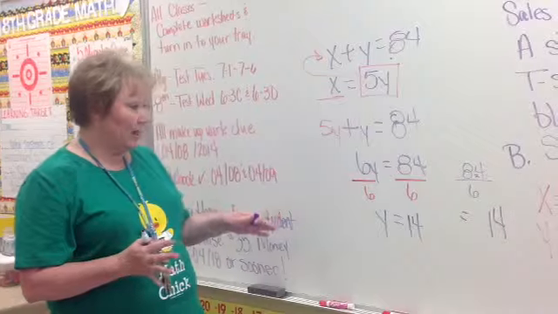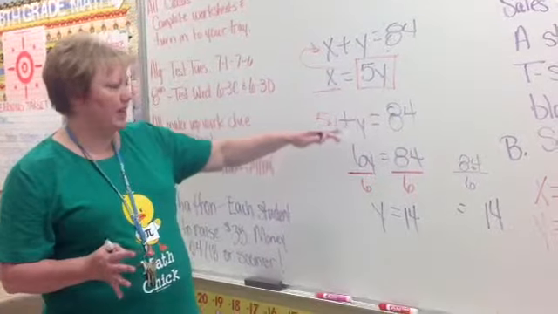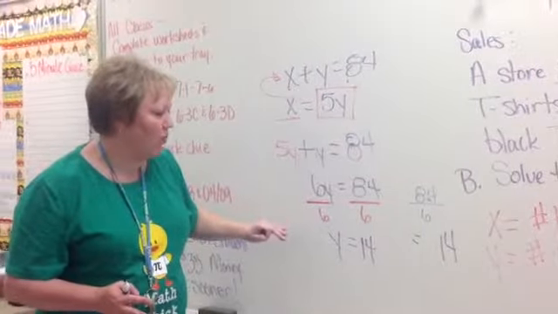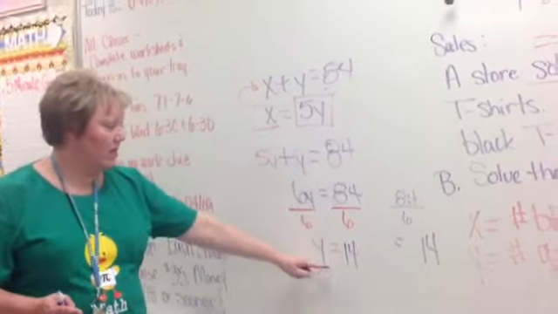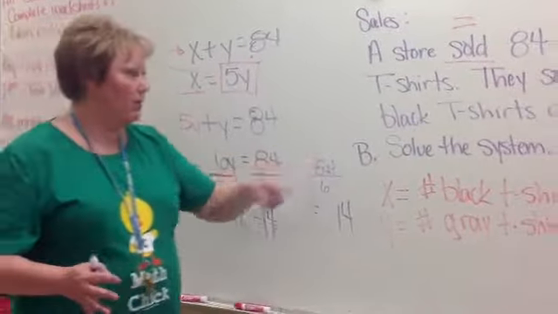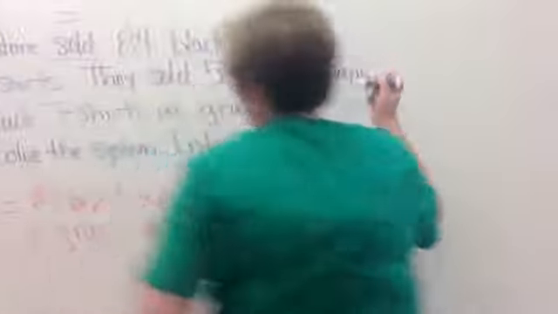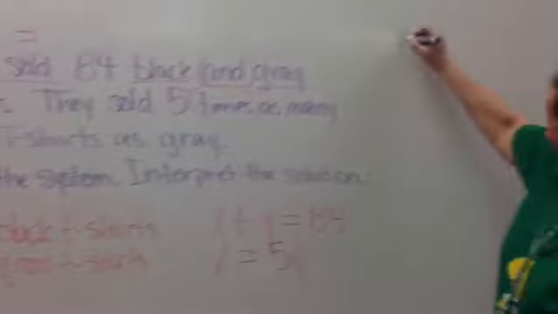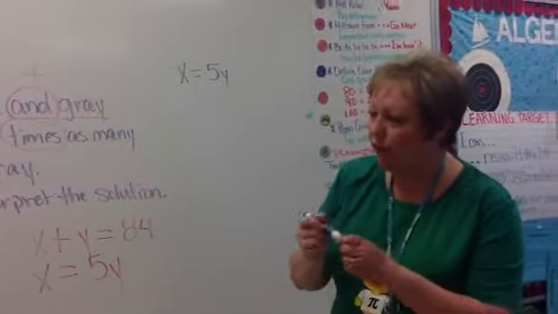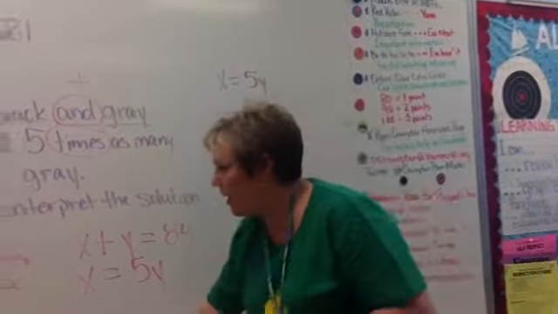So I'm about to run out of room on the board here, but I think we can manage. We've got x equals 5y. Since I already know what y is, let's go over here to this side of the board, and we've got x equals 5y. We're going to substitute that value 14 in place of y.